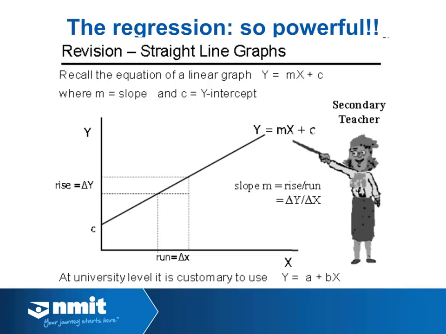A is where the line meets the y-axis, so when x equals 0. So if you put x equals 0, it's b times 0, which is 0, which just leaves a. So y equals a when x equals 0. And b is the slope of the line. So how much does y go up for every increase in x?